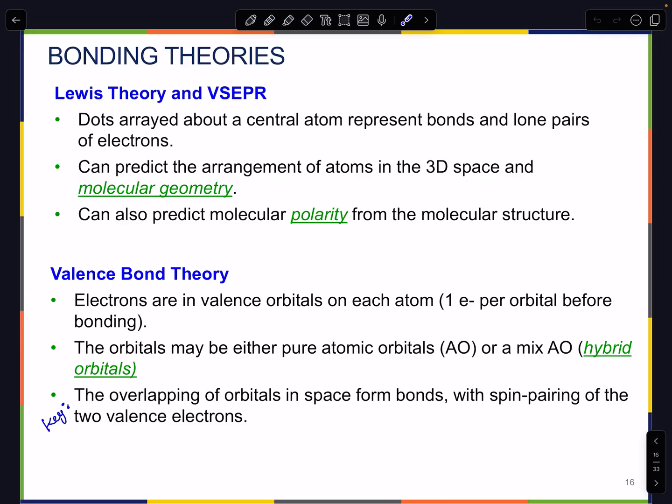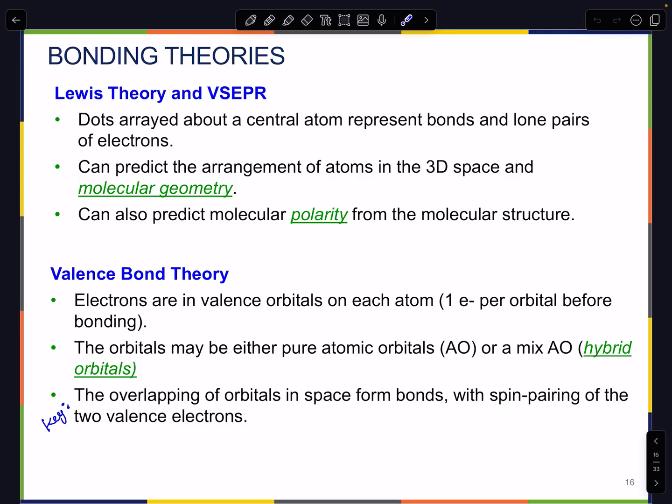This valence bond theory allows us to describe the bonds as electrons in valence orbitals. When making a bond, we have one electron on each of the valence orbitals of each one of the elements involved.